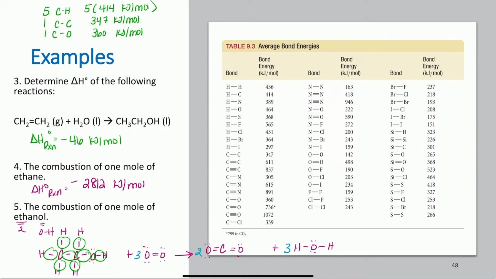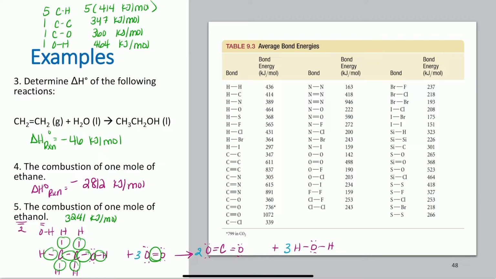And 1 oxygen-hydrogen bond being broken, 464 kilojoules per mole. And add that up. This gives me 3,241 kilojoules per mole to break up your ethanol.